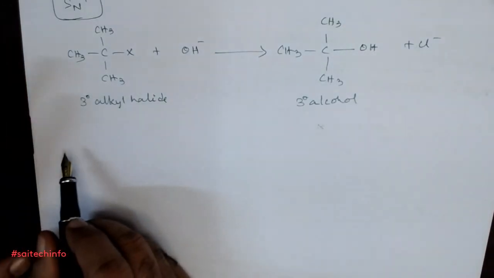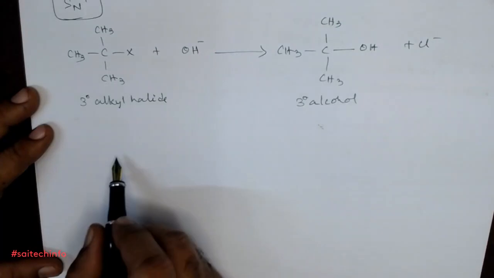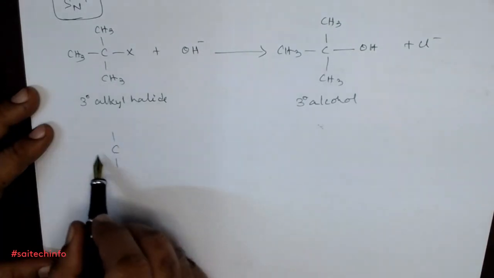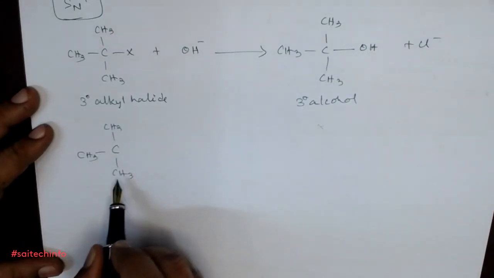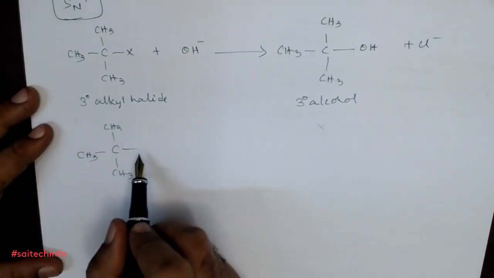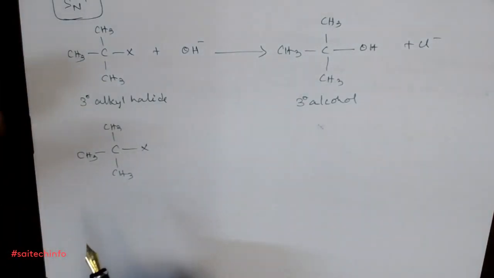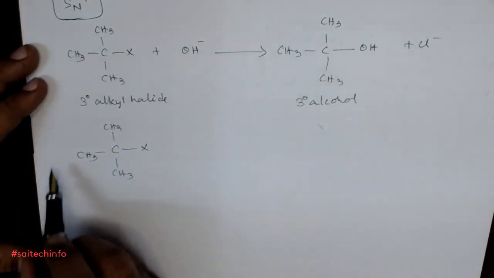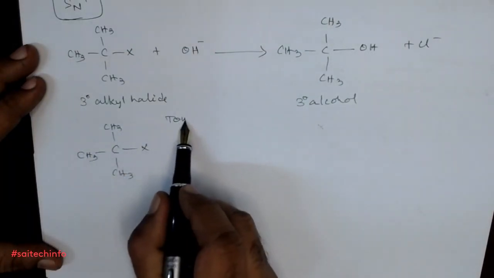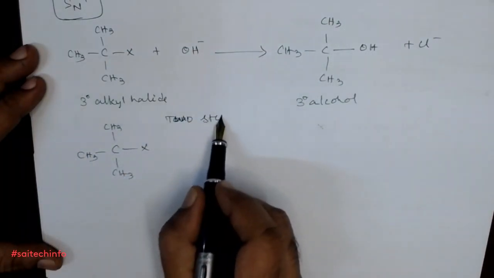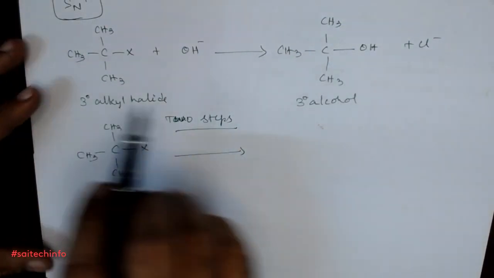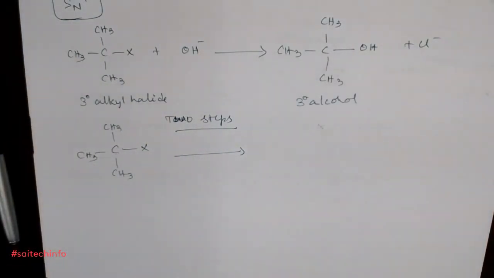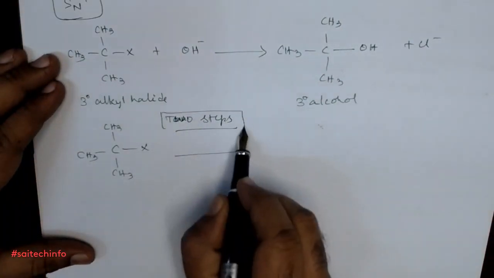Now let me explain about the mechanism here. You have got this C and CH3 like this, and here X. So actually it has two steps. It's a two-step mechanism. The first step is the generation of the carbocation.